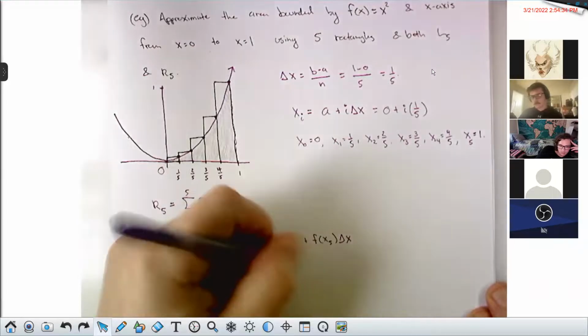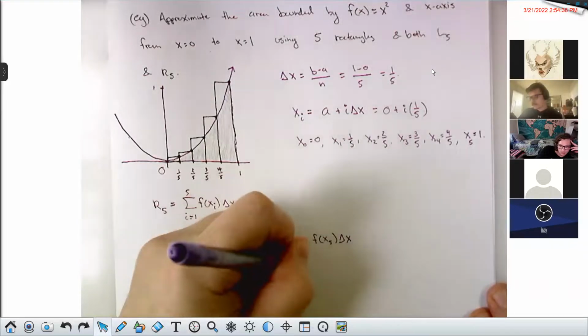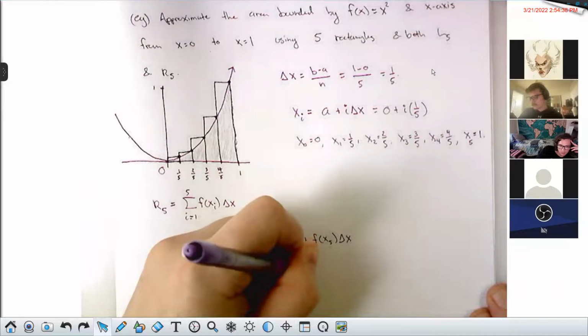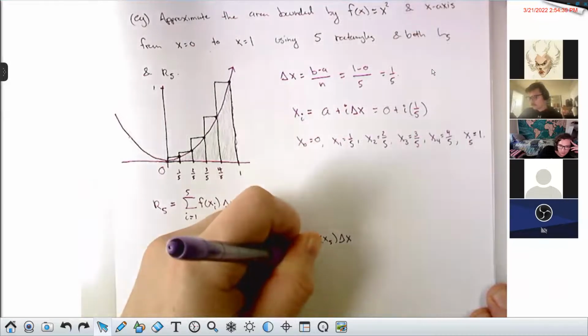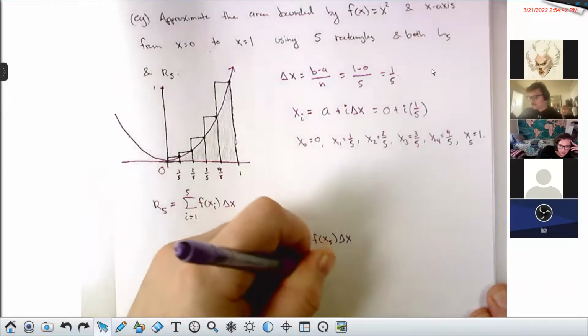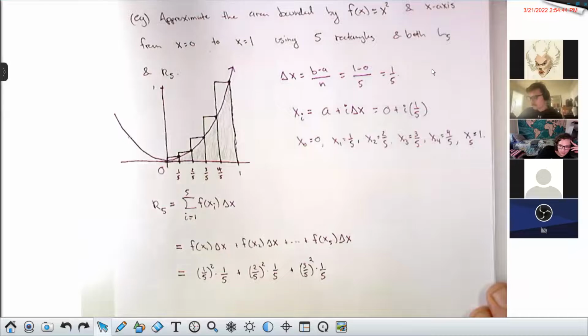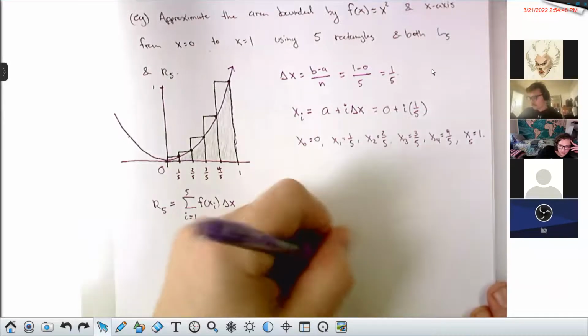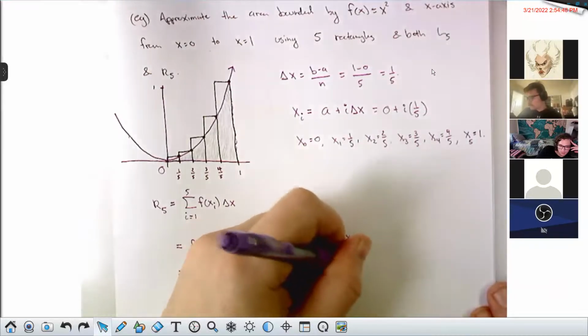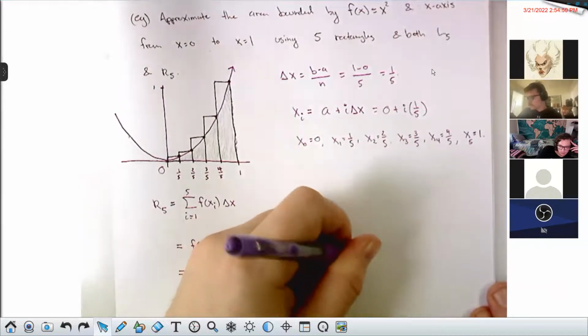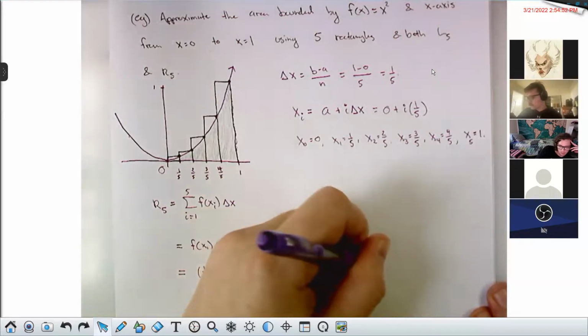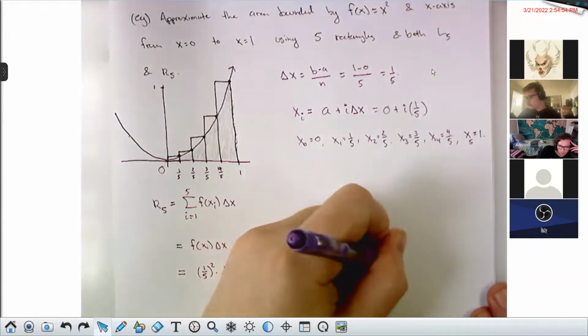The next term would be f of x3 times delta x. f of x3 is x3 squared, or 3/5 squared. Then f of x4, x4 was 4/5, so that's 4/5 squared times this delta x, which is 1/5.